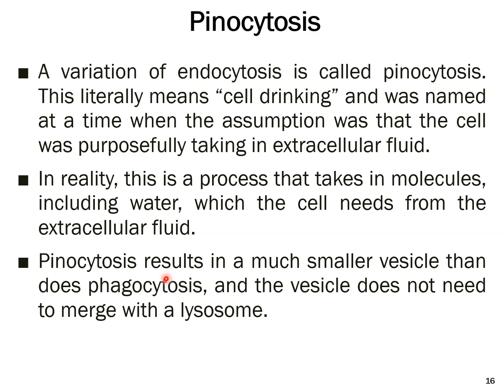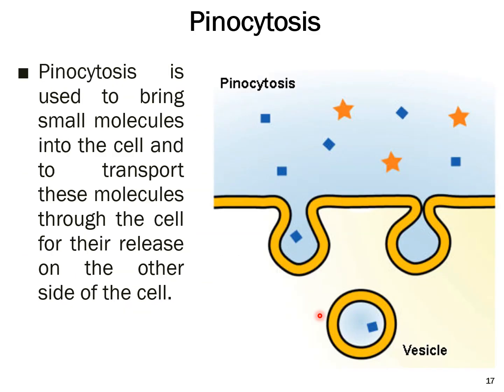Pinocytosis results in a much smaller vesicle than phagocytosis, and the vesicle does not need to merge with the lysosome. Because it's liquid, it does not need to be broken down when it reaches inside the cell. This vesicle just releases its contents.